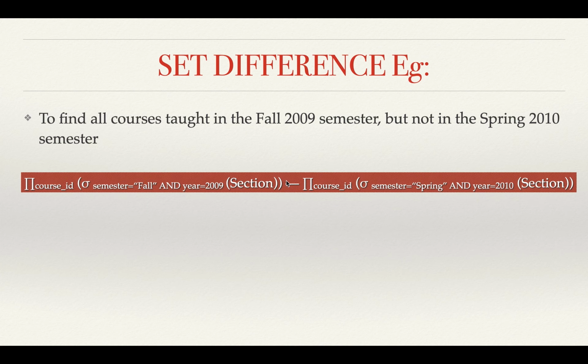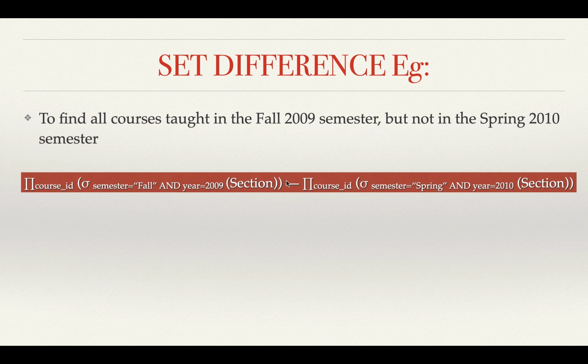So let's summarize. The three operations that you can do are union, intersection, set difference, and each of the relations involved in these operations should be type compatible or union compatible.